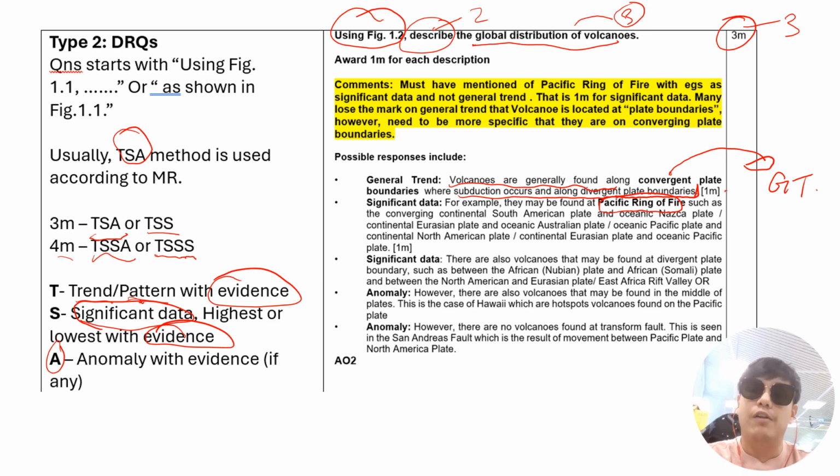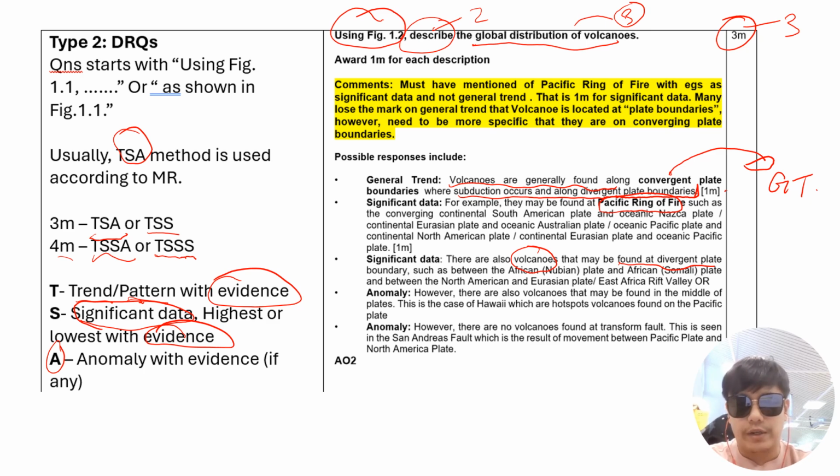What kind of plates they are, and so on and so forth. On the other hand, you also can say that there are also volcanoes found at divergent plate boundaries, such as blah, blah, blah. So significant, there's the highest concentration, which is at the Pacific Ring of Fire, and perhaps the other types of volcanoes that are found at divergent plate boundaries.